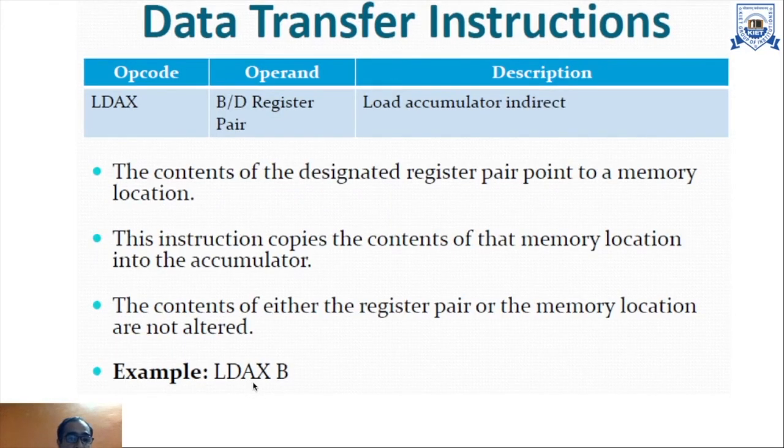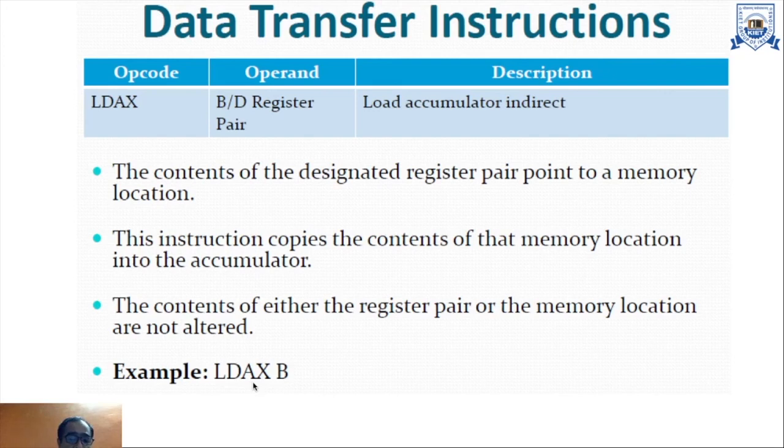Next is LDAX, and LDAX has an operand like the BC or DE pair. In the 8085 microprocessor, the only register pair combinations are BC, DE, or HL. So the BC pair or DE pair works with LDAX.